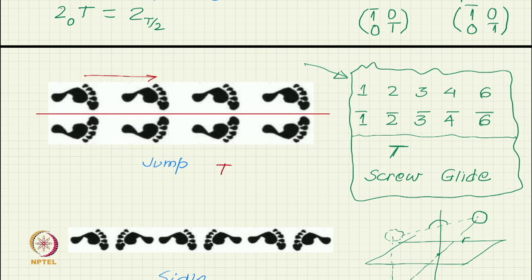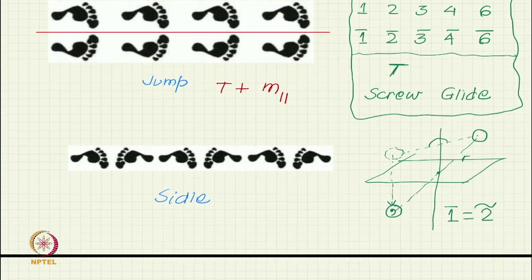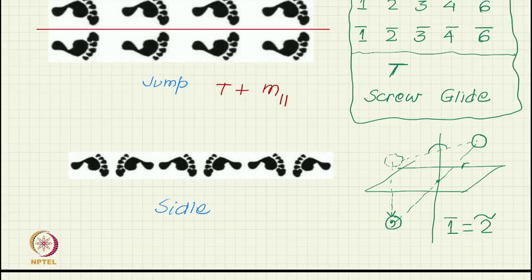So, this is translation plus a mirror which is parallel. So, a parallel mirror. Then of course, he has to generate a vertical mirror also. So, for that you will have to do a sidle. So, you have a mirror.